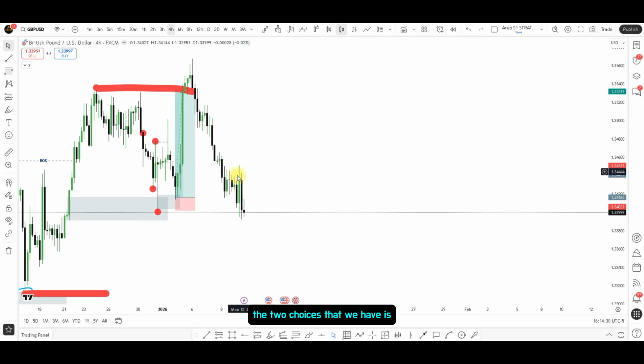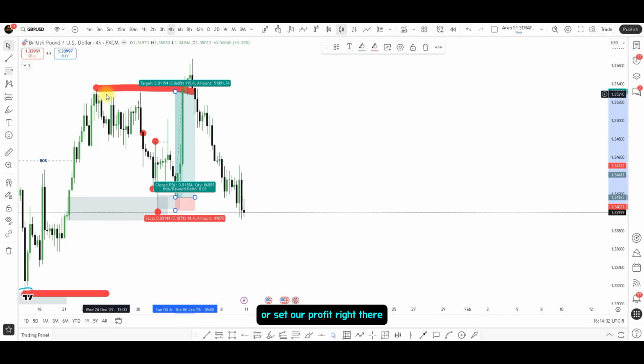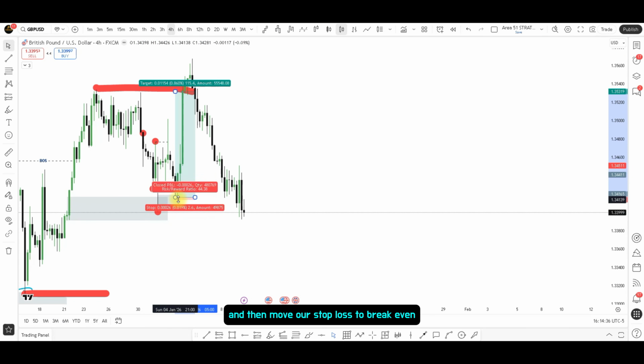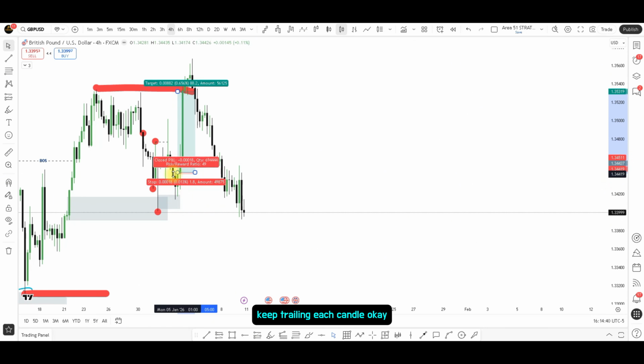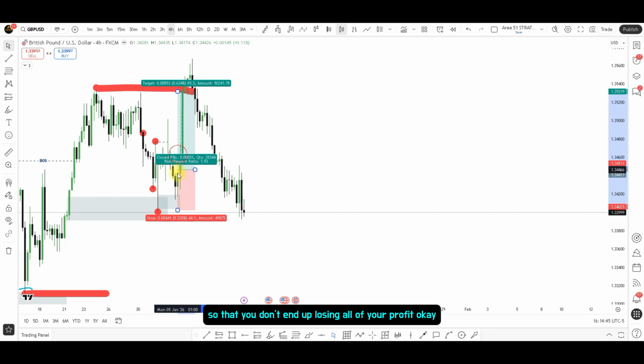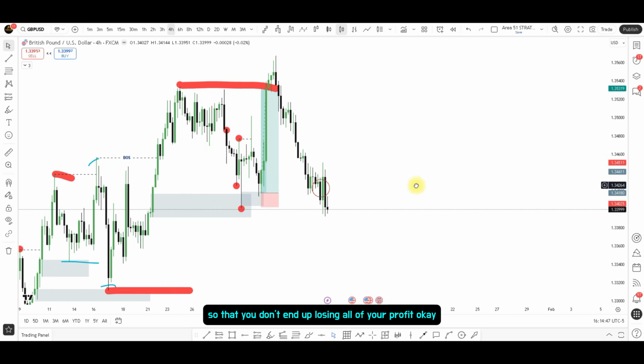The two choices that we have is either we take our profit right there, or move our stop loss to break even and keep trailing each candle. Okay, you can trail it professionally so that you don't end up losing all of your profit.